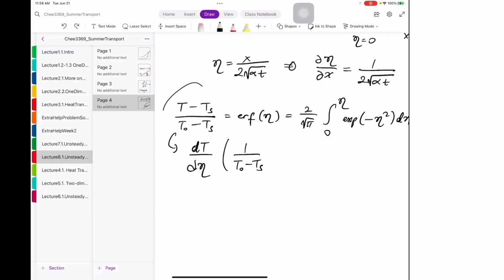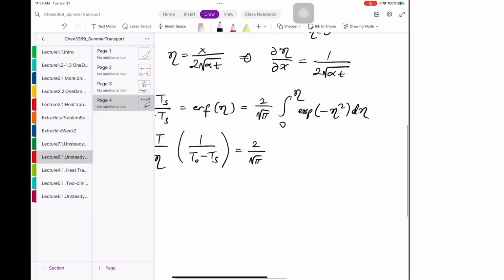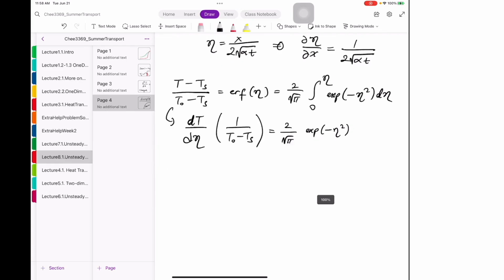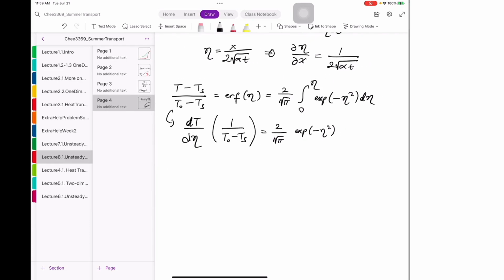The derivative of T divided by this constant is equal to 2 over square root of pi times the derivative of the integral, which from the fundamental theorem of calculus is the argument of the integral evaluated at the boundary. So this is basically exponential minus eta squared. Okay. Good.